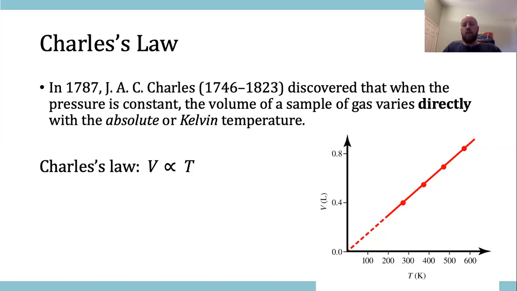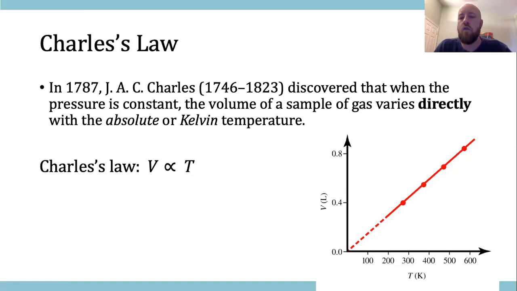One of the things that comes out of this is looking at an experiment here. Pressure is held constant and the temperature is reduced. So we see a linear relationship between volume and temperature. As the temperature drops, the volume goes down. They work together, as they are linearly related to one another.